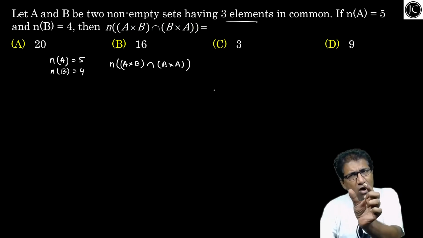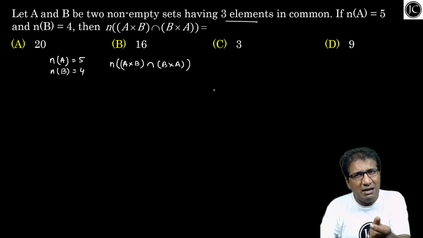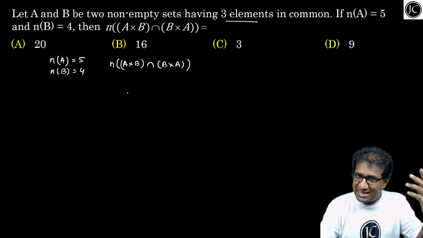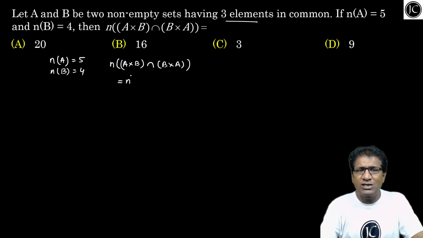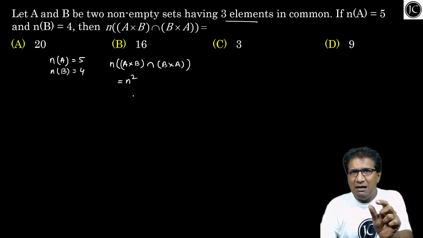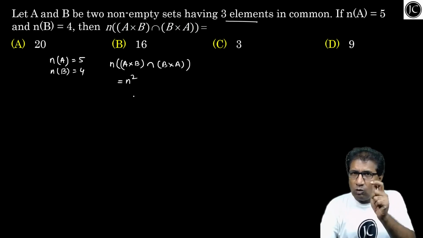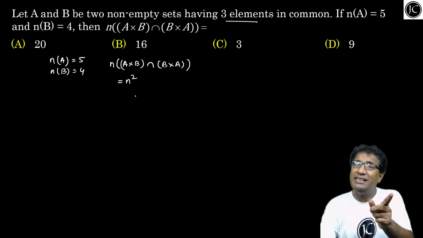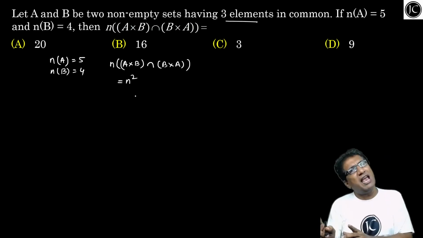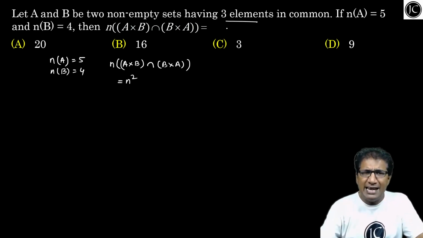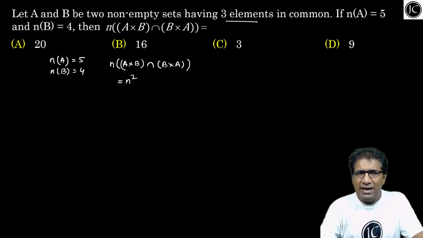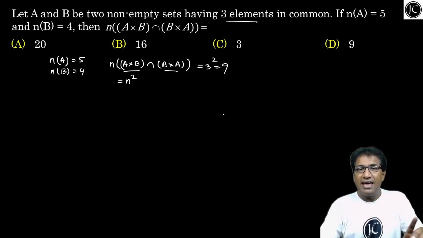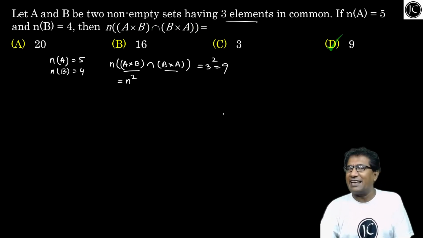A cross B और B cross A में जो कॉमन एलिमेंट्स हैं वो कितना होगा? नेचुरली जस्ट नाउ we have done, it is n squared। मतलब जितना एलिमेंट्स मेरा कॉमन है उतना का square will be the common elements of A cross B and B cross A। यहां पर 3 एलिमेंट कॉमन बोला है, मतलब A cross B and B cross A में कॉमन कितना रहेगा? 3 squared which is equal to 9. Hence option D is correct. Is it clear?